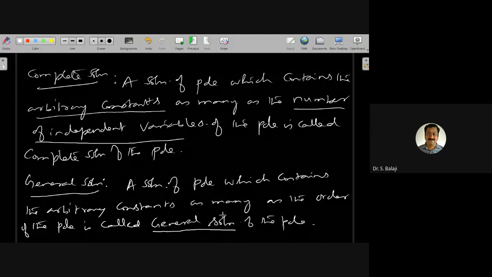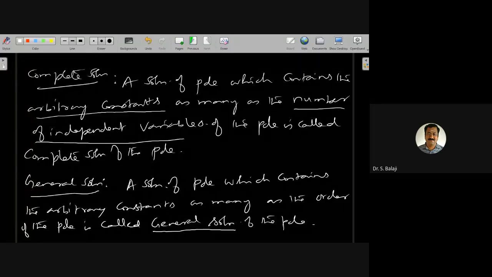Therefore, sometimes this general solution can also be constructed from the complete solution by reducing the number of arbitrary constants. Based on some conditions, write one arbitrary constant as a function of another arbitrary constant.